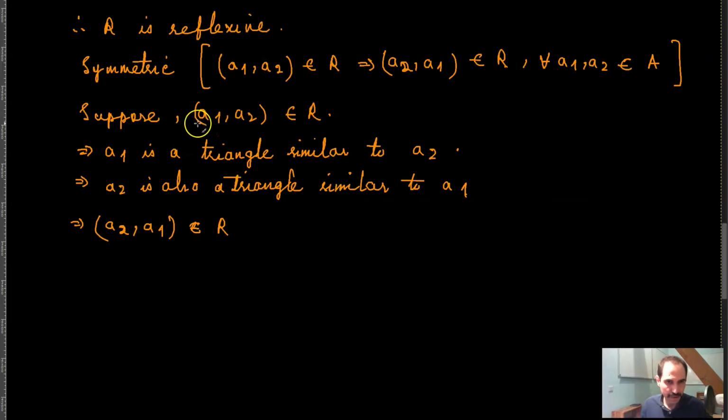So over here we are assuming that (A1, A2) belongs to R, and then we have established that (A2, A1) belongs to R as well, which means that R is symmetric.